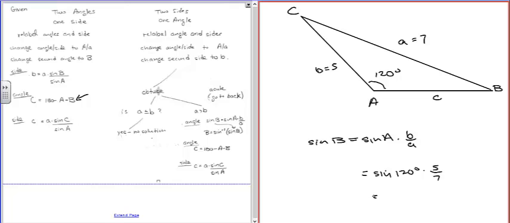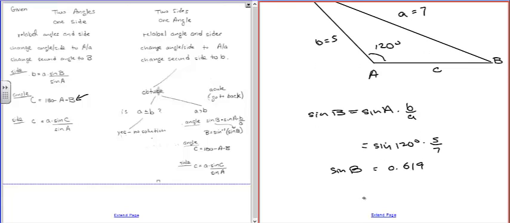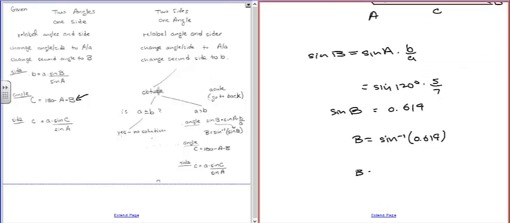Plug those into the calculator. And I get 0.619, the sine of B. So then to find B, you take the inverse sine of 0.619, which is 38.2 degrees.